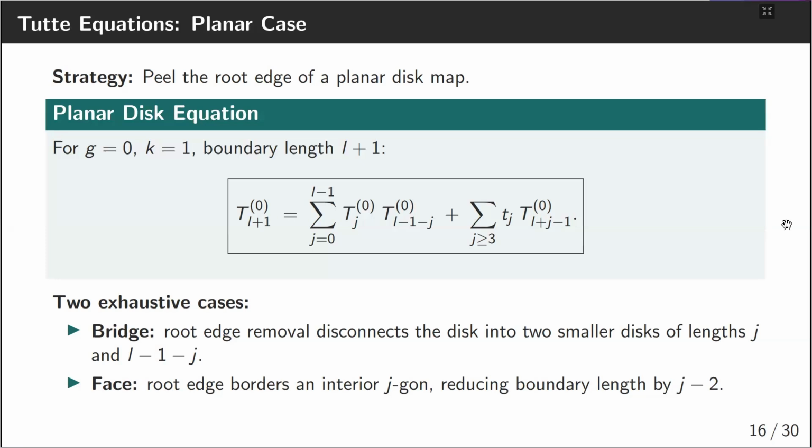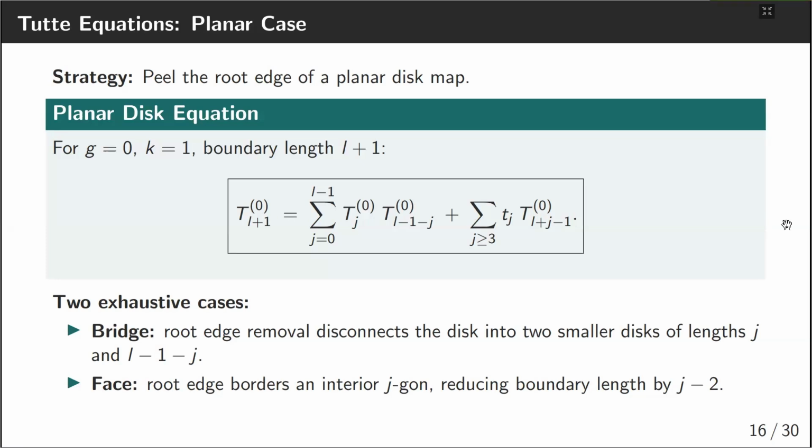We have a bridge: root edge removal disconnects the disk into two smaller disks of lengths J and L minus 1 minus J. And we have a face: the root edge borders an interior J-gon, reducing the boundary length by J minus 2. So you either go down by 1 or you go down by 2.